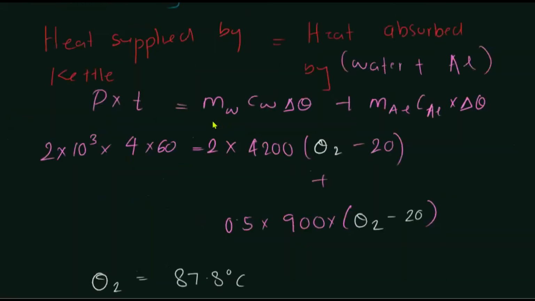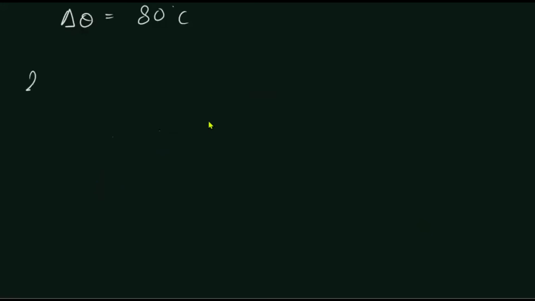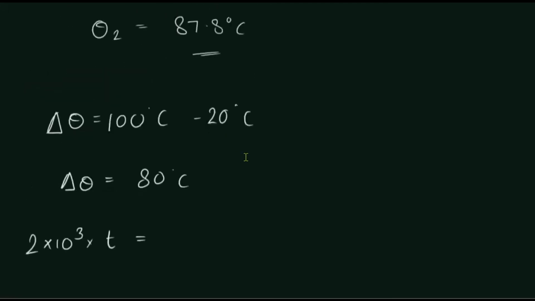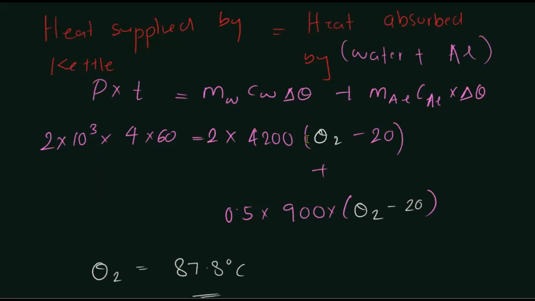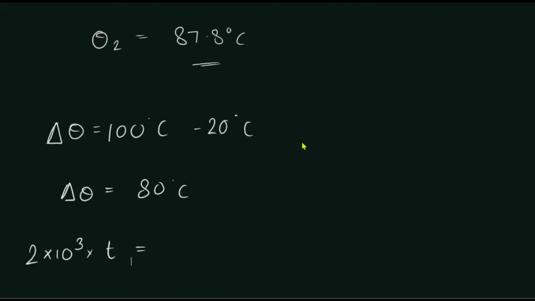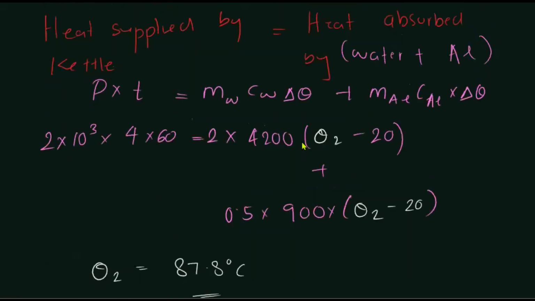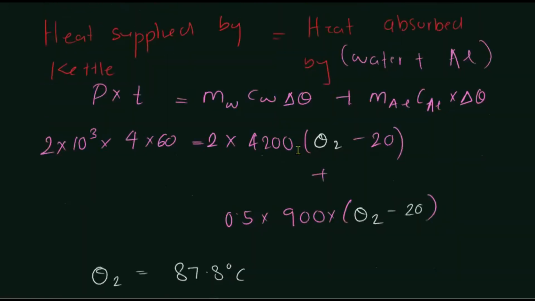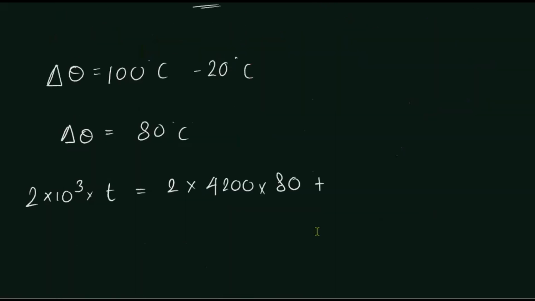What is the power? 2 into 10 to the power 3. Time is unknown. The heat absorbed by water is the same as before: 2 into 4,200 into delta T of 80, plus the heat absorbed by the aluminium kettle, with mass 0.5 and specific heat capacity 900, its temperature increased by 80 degrees.